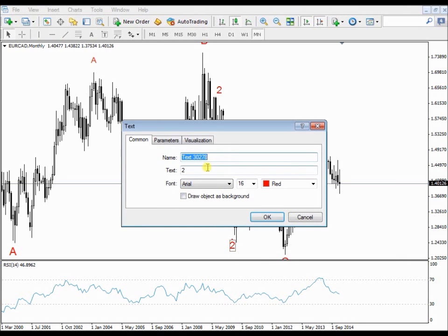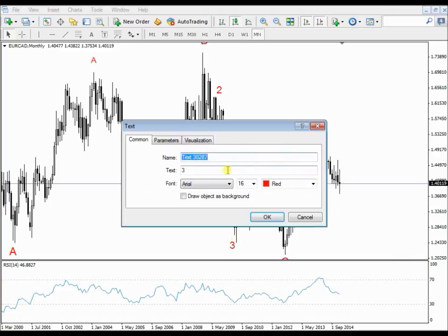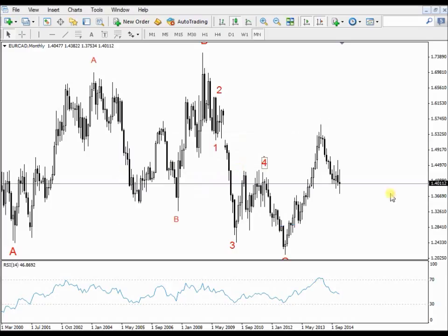A corrective wave has 3 waves and an impulse wave is in 5 waves. We want to trade in the direction of the trend, or in the direction of a 5-wave move.